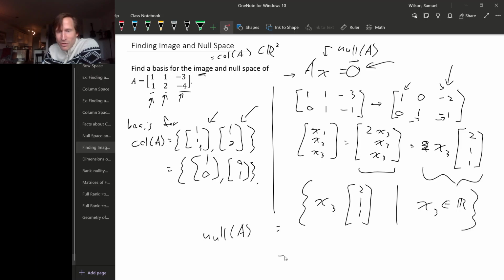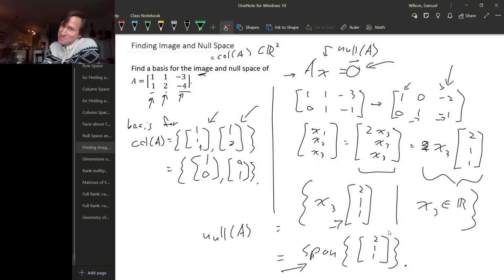But this is clearly a span. Some people call this a basic solution, but anyway, this vector. So the null space is the span of this vector. And since there's only one vector, it must be linearly independent since it's non-zero, so we have a basis. So the null space here has dimension 1.